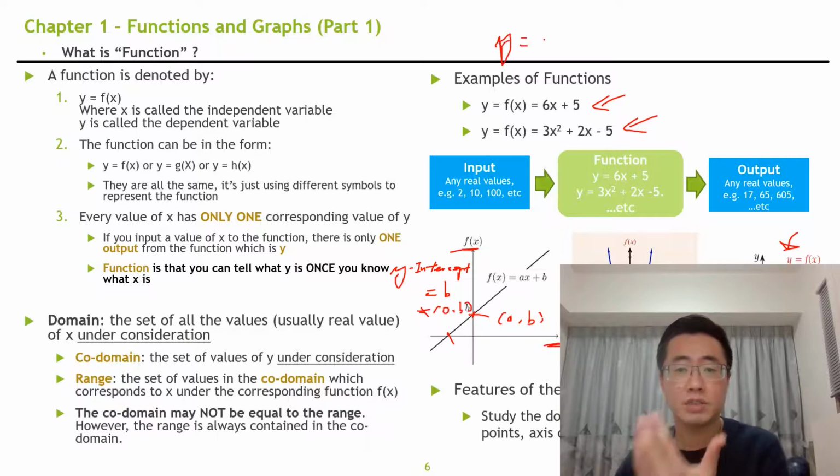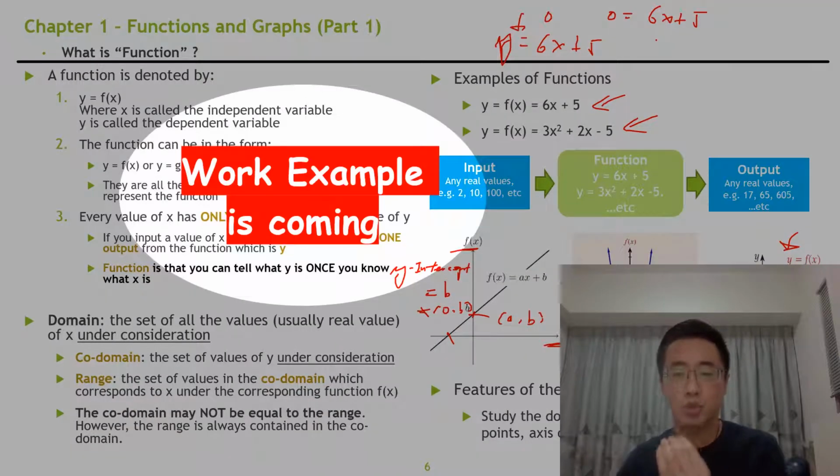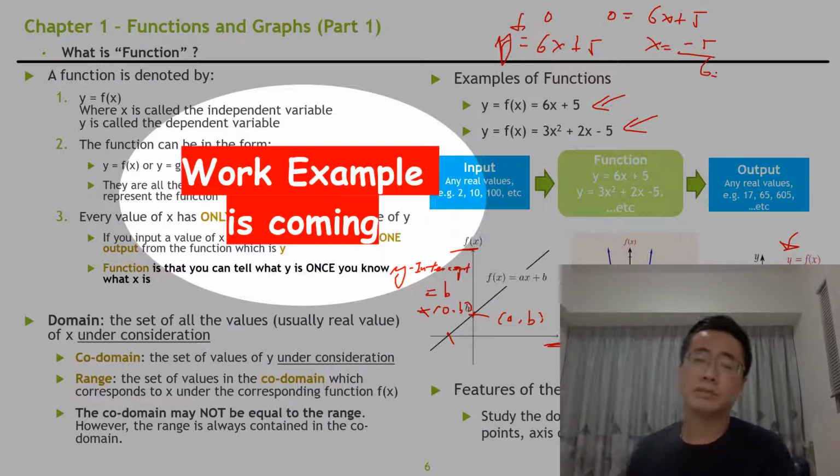For example, for the function y equals 6x plus 5, if you set the value of y equal to 0, then it will become an equation. And once you see the equation, the aim is to find the roots of the equation, or find the value so that the left-hand side is equal to the right-hand side. So the value here is actually this one.